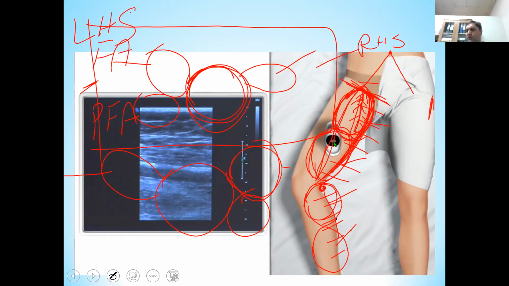But the main function of the perforator is to bring blood from the superficial venous system to the deep venous system to reduce hydrostatic pressure in the superficial venous system, because the deep venous system is guarded by strong muscles.